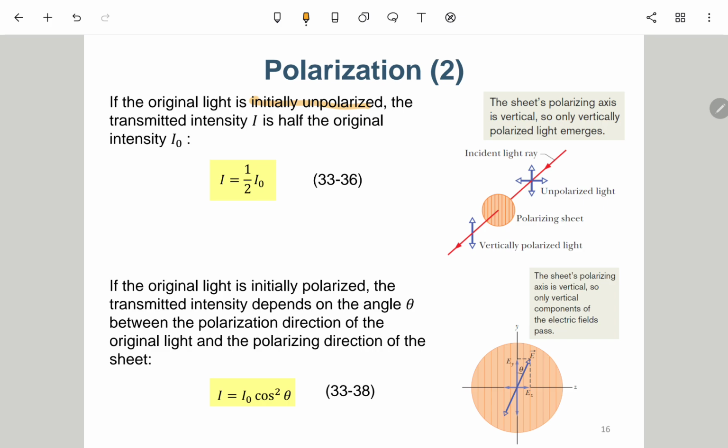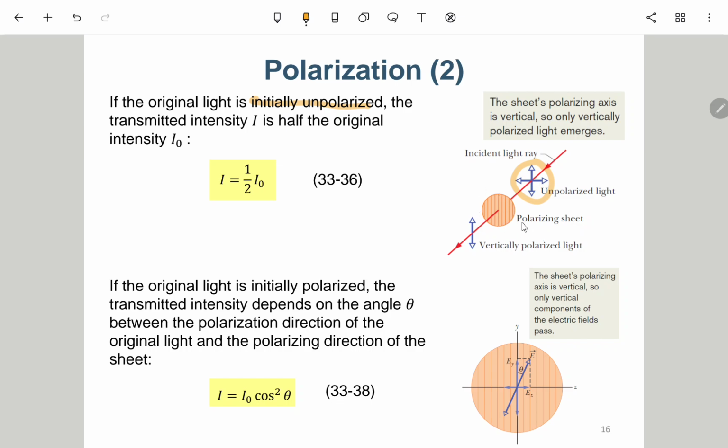Which means at the beginning, this is initially unpolarized, so it draws both vertical and horizontal polarization here.